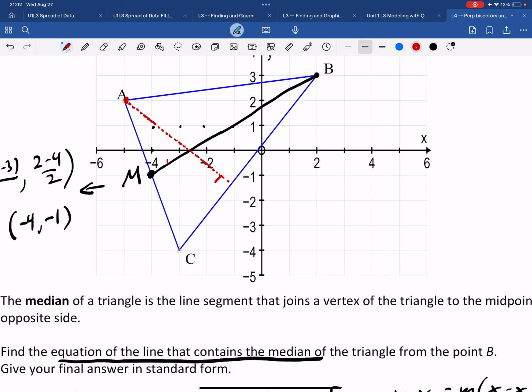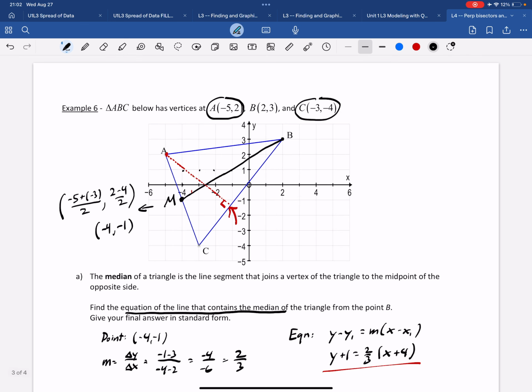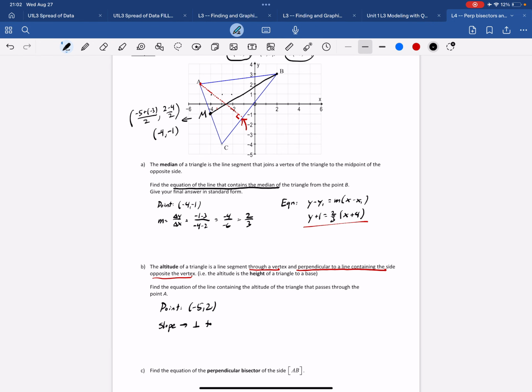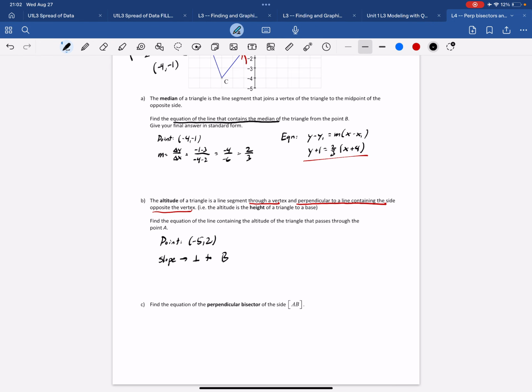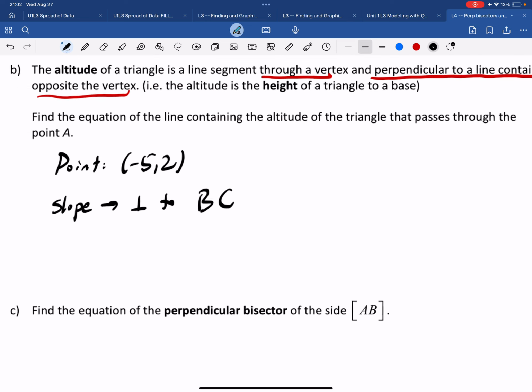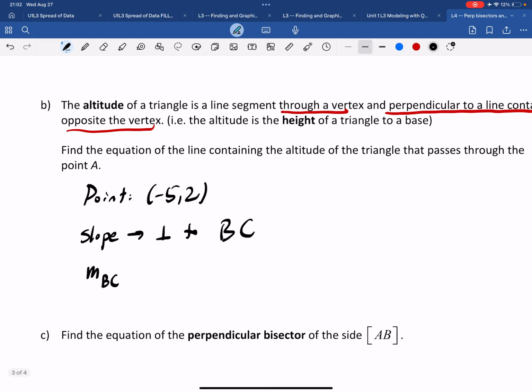So the point is A, which is negative 5, 2. And the slope that we need is going to be perpendicular to BC. So let's find the slope of line BC.